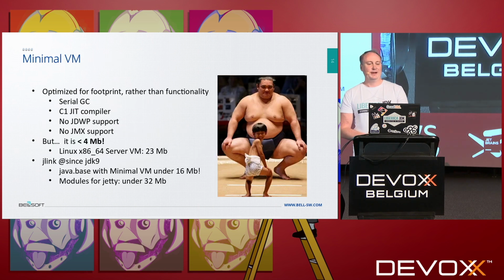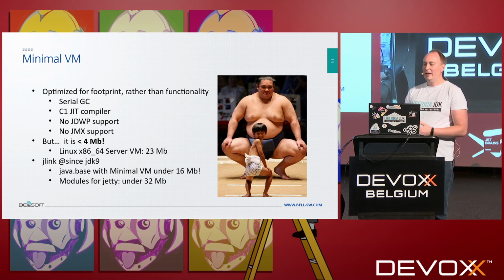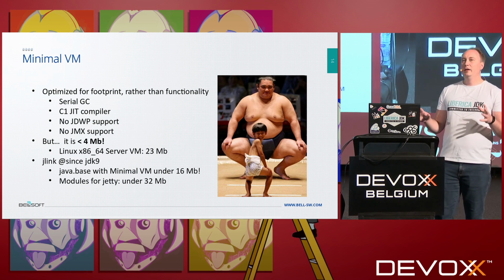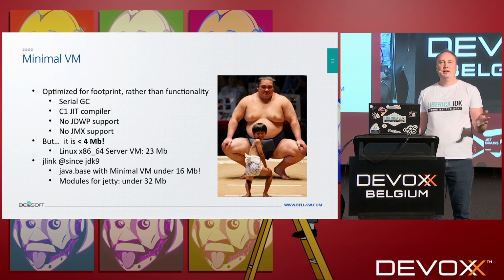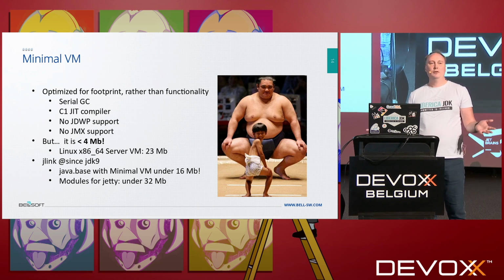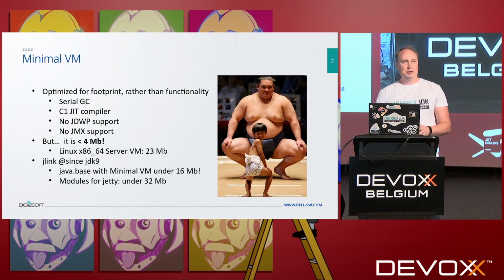But in fact, there are options like minimal VM or client VM that can be as small as 4 megabytes, I mean minimal VM. And using minimal VM and a runtime created with jlink, you can get a 16 megabyte runtime at all. It's smaller than Go to run your, for example, command line applications. And it still has a lot of Java features. Of course, some features were sacrificed, but anyway.